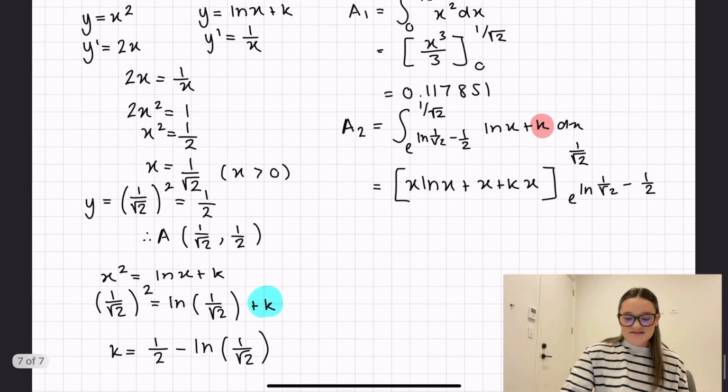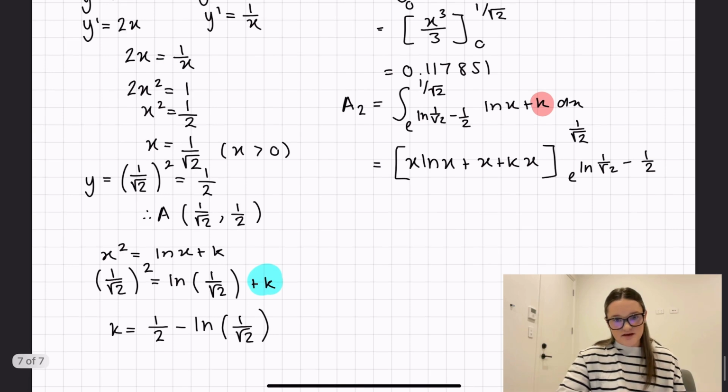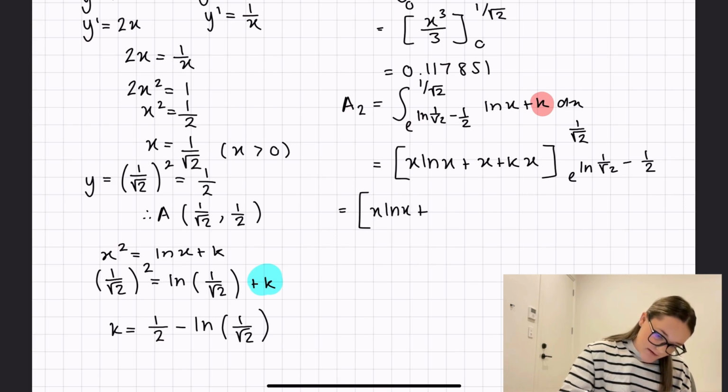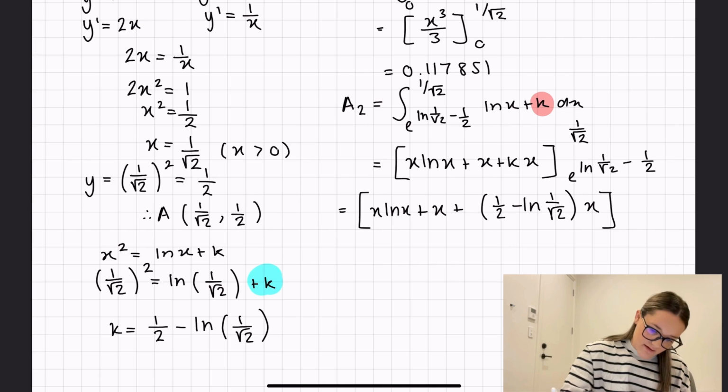Then I want to do the big task of substituting everything in. So what I'm going to get is x ln x plus a half minus ln 1 on root 2, x between my same domains.